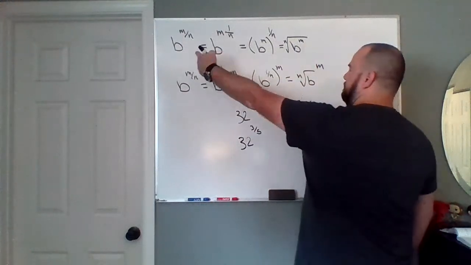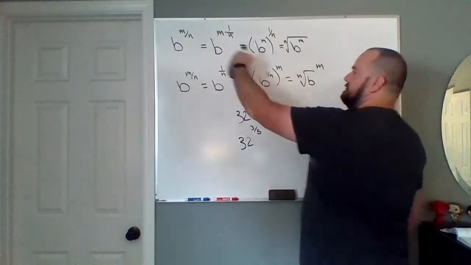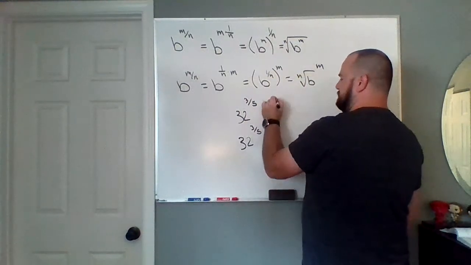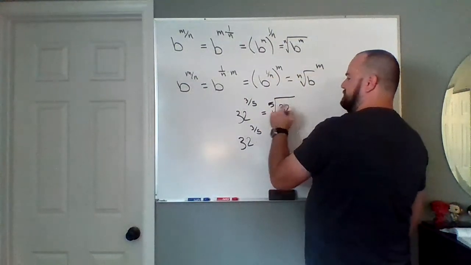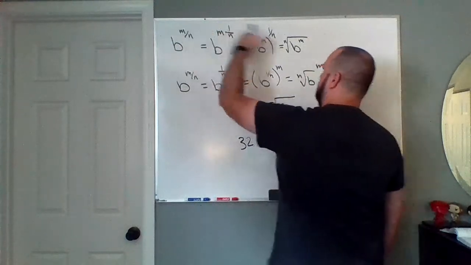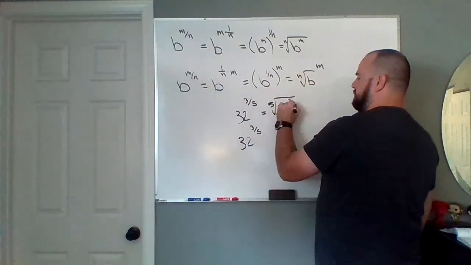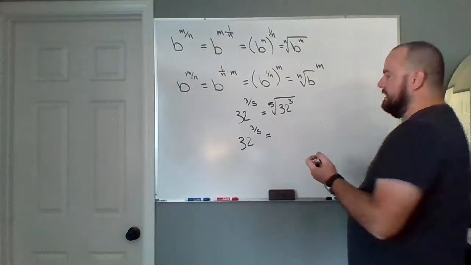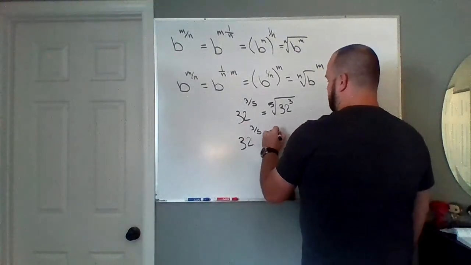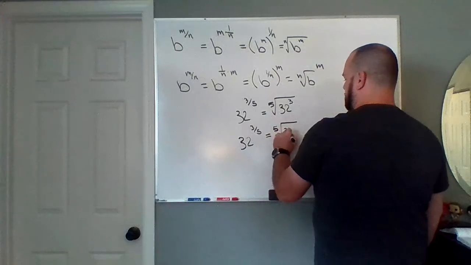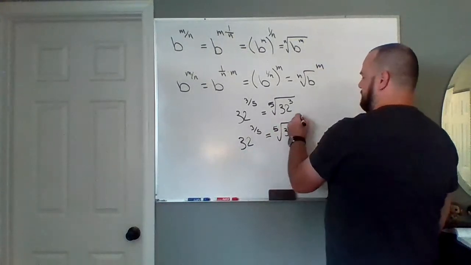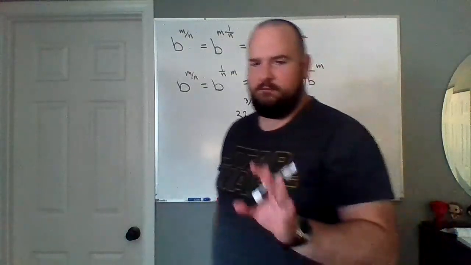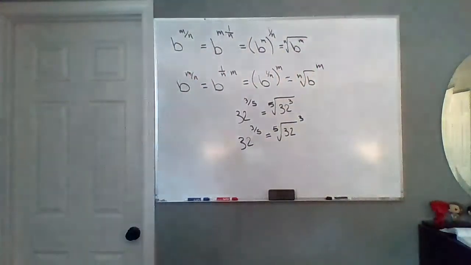So using this first format, notice the denominator is the root. So in this case, I would have the 5th root of 32 to the 3rd, where the numerator is my exponent. Down here, I would have the 5th root of 32, and then that's raised to the 3rd. Okay, so I want you to think about that. Which one's easier?